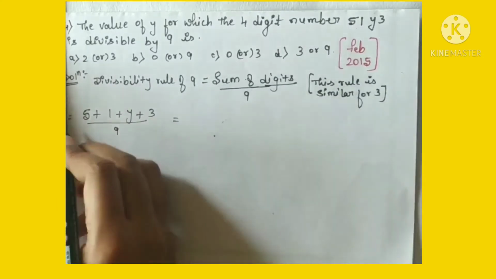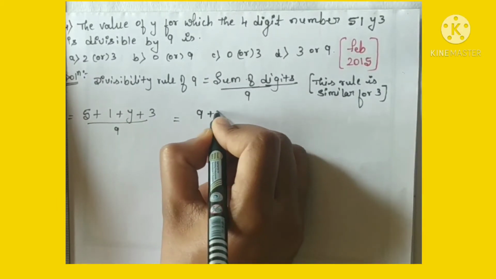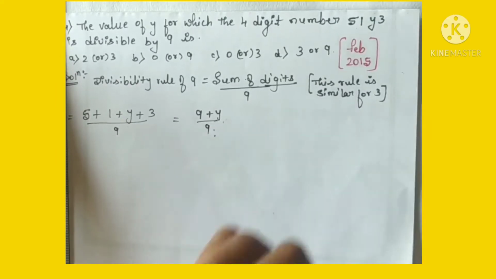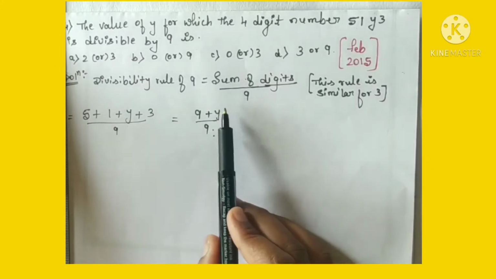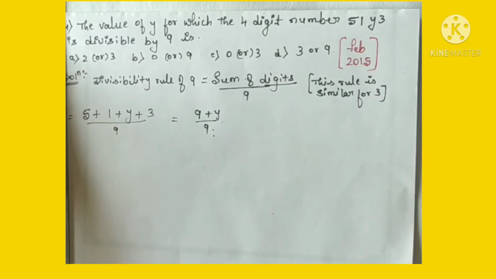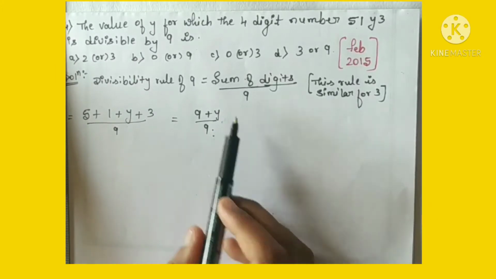When I add up, 9 plus y by 9. Now here we have to find out the value of y. So for this, I just put the values of y according to the options.